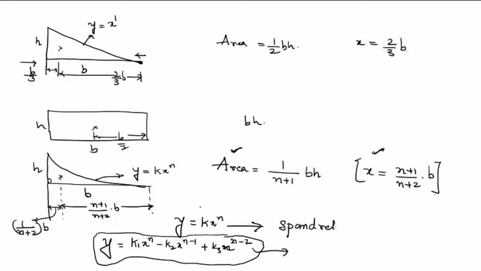My bending moment equation should be of the form y is equal to kx power n. I cannot apply these formulas if the equation is changing to this form. These formulas are invalid for this situation.